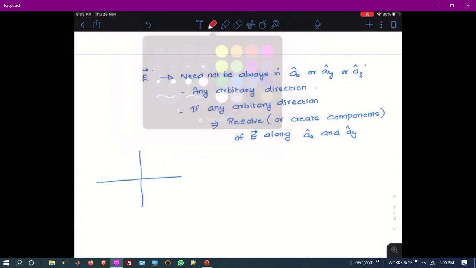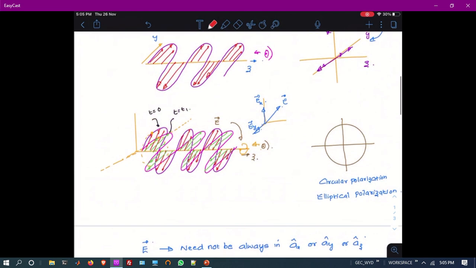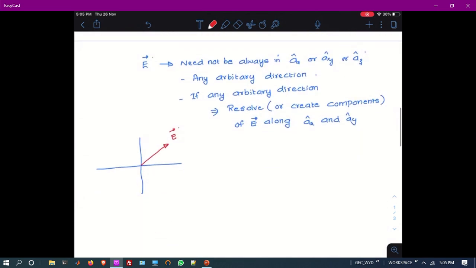Let's say your electric field is something like this. The orientation, that means the tip of the electric field, is something like this. This is along x, this is along y. Now, since it's a vector, you can resolve it into two components. One is along the x direction, which I call Ex, and one is along the y direction, which I call Ey. And there is some angle which it makes with x. So I can always resolve the electric field into two components along x and y.